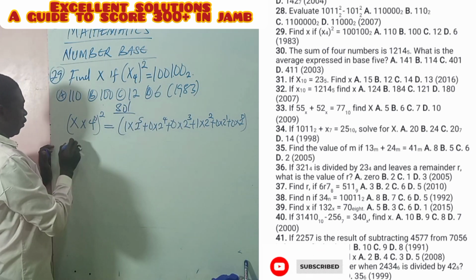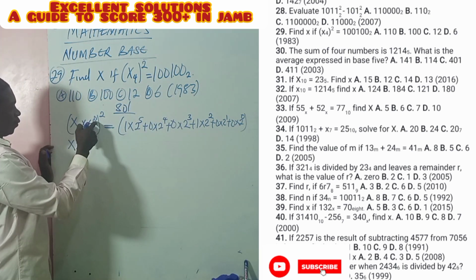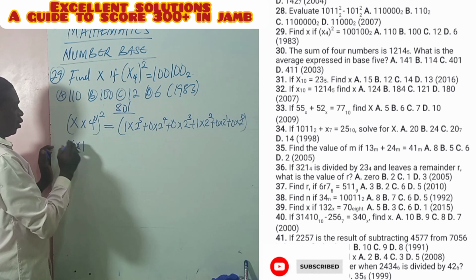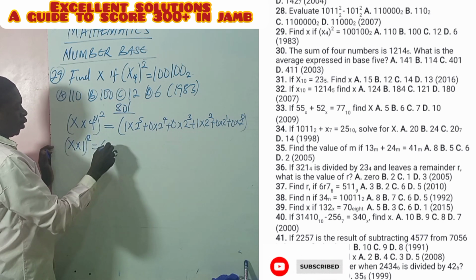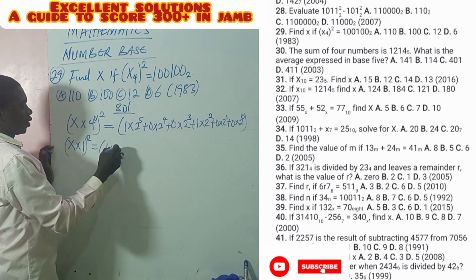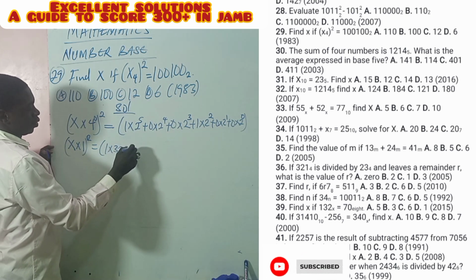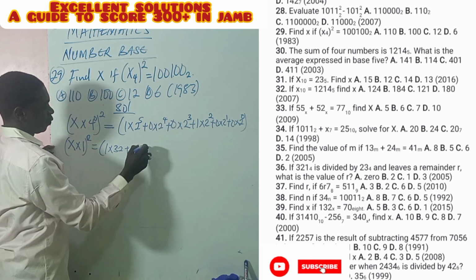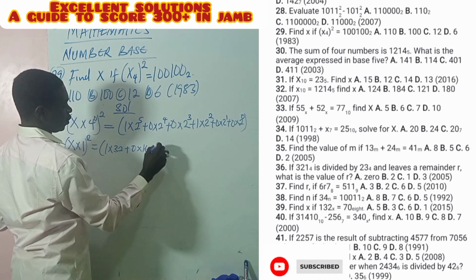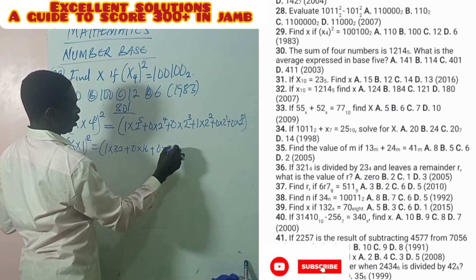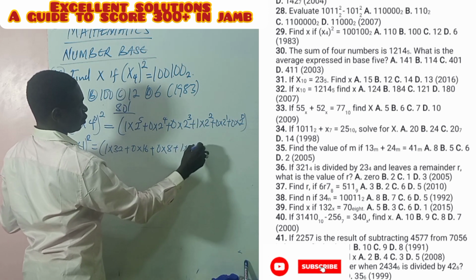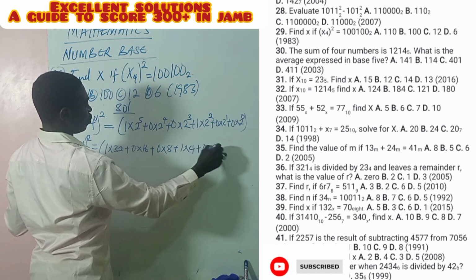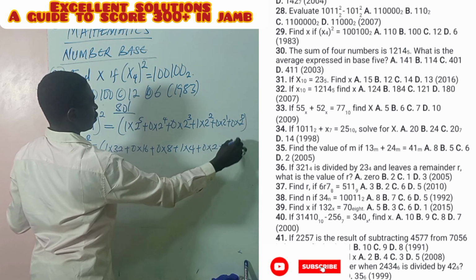So this is the same as x times 4 power 0 is 1, then squared is equal to 1 times 2 power 5 is 32, plus 0 times 2 power 4 is 16, plus 0 times 2 power 3 is 8, plus 1 times 2 power 2 we have 4, plus 0 times 2, plus 0 times 1.